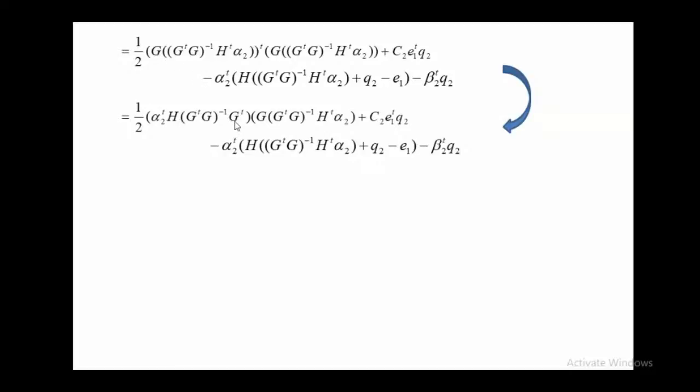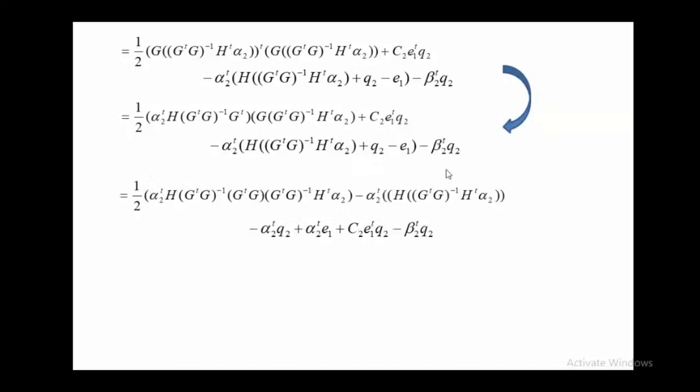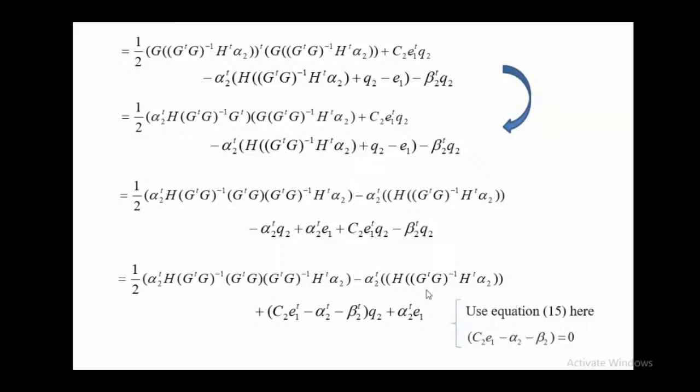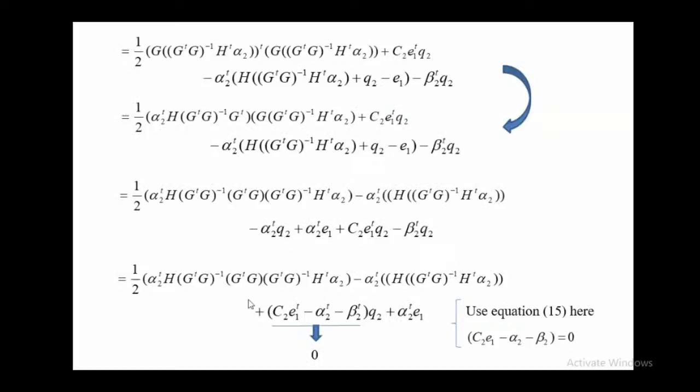Now again you multiply these two things, and you can write this particular term as I, because it's an identity matrix, so you will get only 1 by 2 alpha 2 transpose H, G transpose G inverse, H transpose alpha 2, and all other terms will be the same.